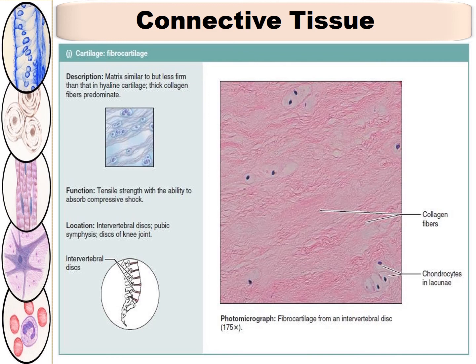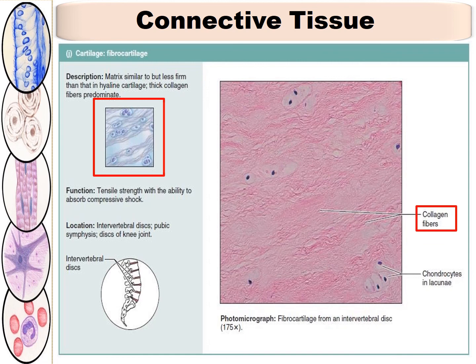Then the 10th type of connective tissue is fibrocartilage. The fibrocartilage is mainly composed of matrix similar to but less firm than that in hyaline cartilage. The thick collagen fibers predominate in this fibrocartilage.